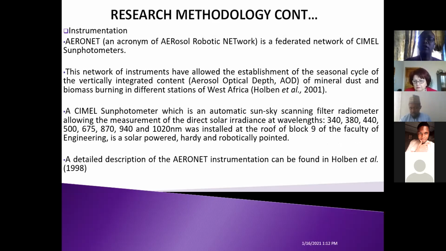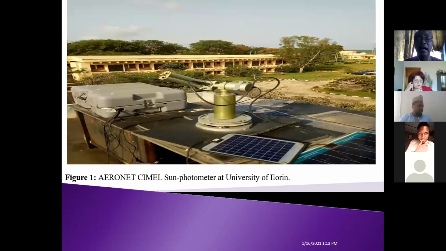It was installed at the roof of Block 9 of the Faculty of Engineering, University of Ilorin. It is solar powered and robotically pointed. The details of the instrument can be found in the 1998 article. And this is the picture of the sun photometer at University of Ilorin.